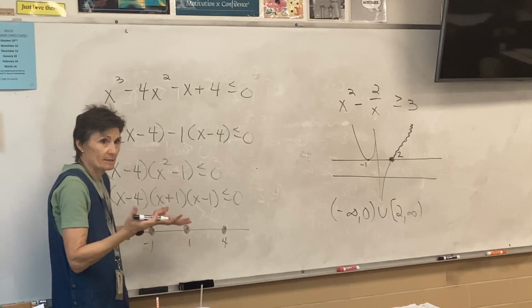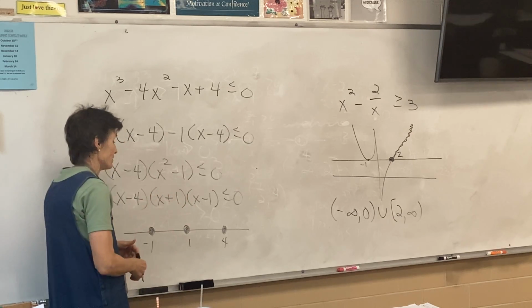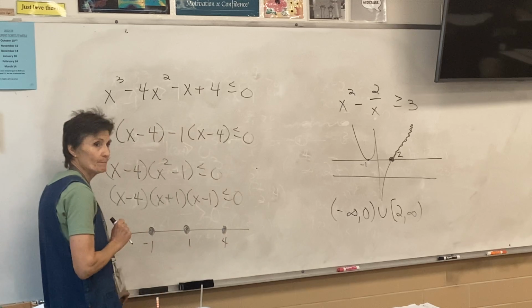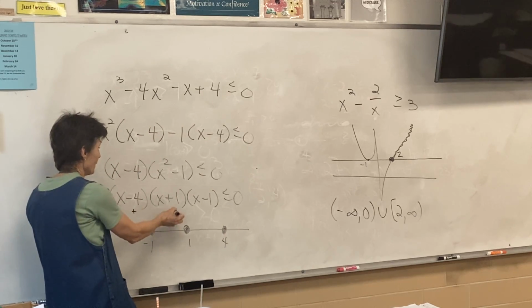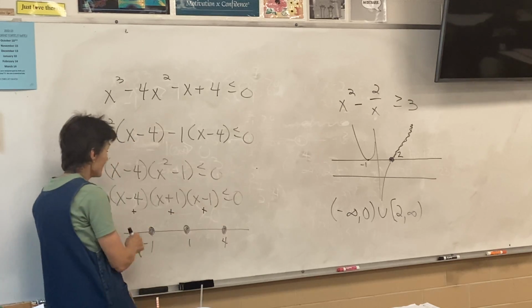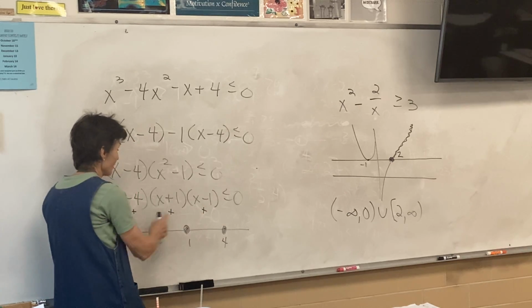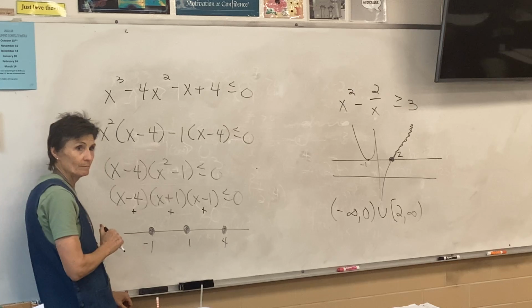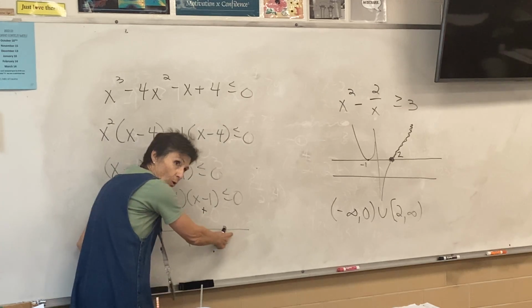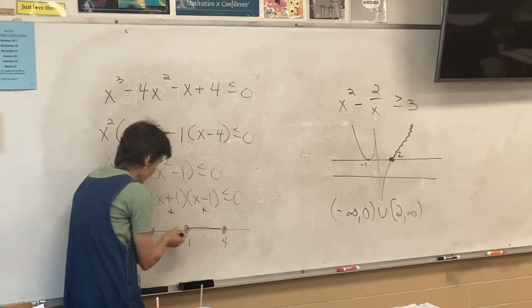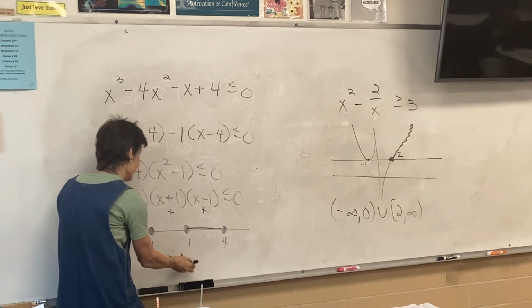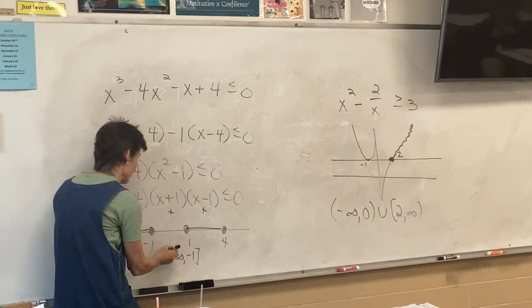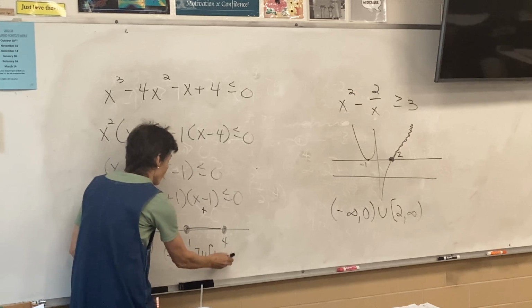So I just need to pick some number and try it. So maybe I'll pick 5 this time. So 5 gives me a positive, and a positive. If I multiply those together, do I get negative? So 5 didn't work, which means this will and this will. So my answer is -infinity to -1, or 1 to 4.